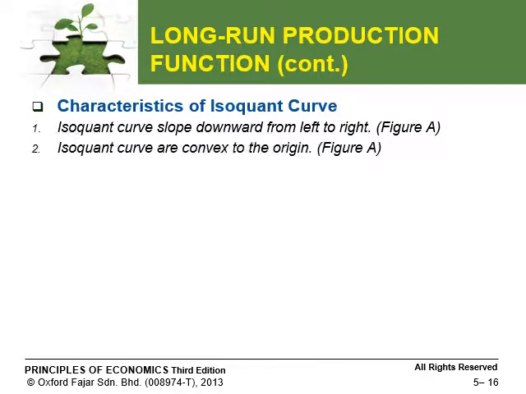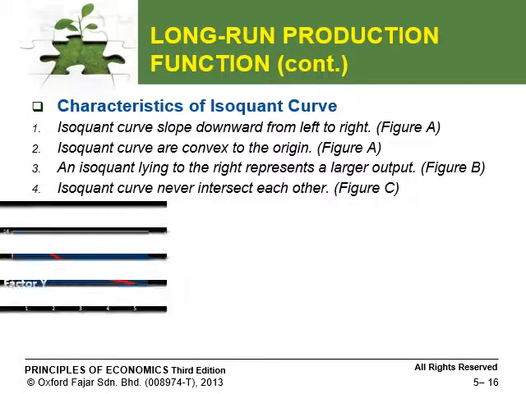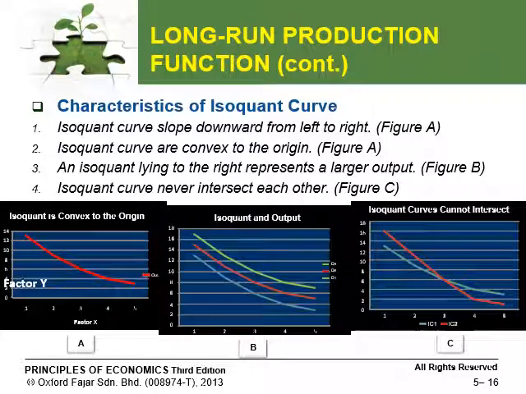This is what they call an isoquant curve. In other words, it is an isoquant graph. When you plot every output in our isoquant table, you will find the graph will be shaped like this. There are four characteristics of an isoquant graph. It must be downward sloping from the left to the right. When it moves to the right, it shows that the output is getting higher.